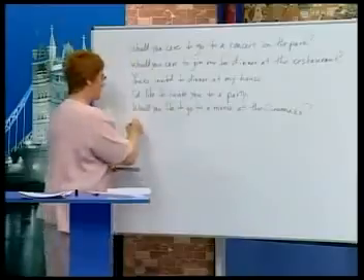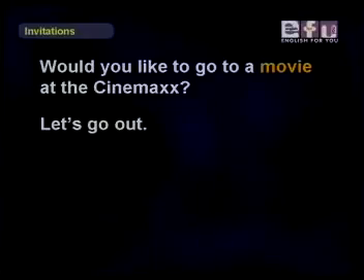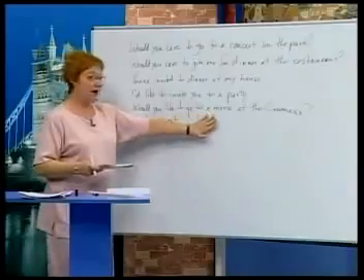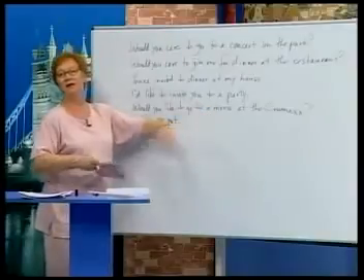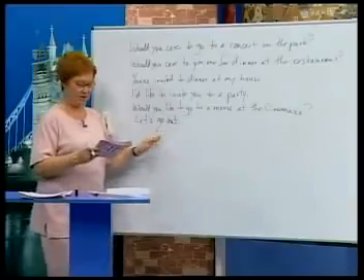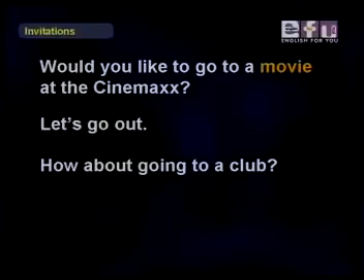Now here's a casual one. Let's go out. There's no time or place or anything. It's very casual, very general for this one. Now here's another one. How about going to a club?